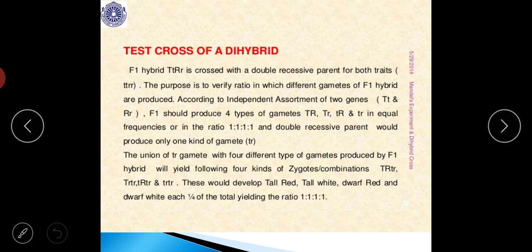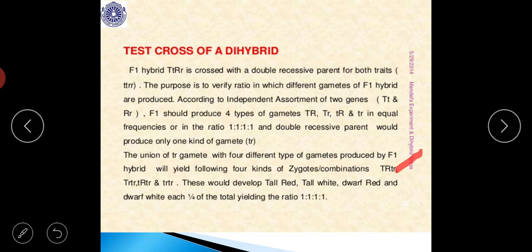And the double recessive parent would produce only one kind of gamete, that is small t small r. The union of small t small r gametes with the four different types of gametes produced by F1 hybrid will yield the following four kinds of zygotes or combinations, which are shown here: capital T capital R small t small r, capital T small r small t small r, small t capital R small t small r, and small t small r small t small r.